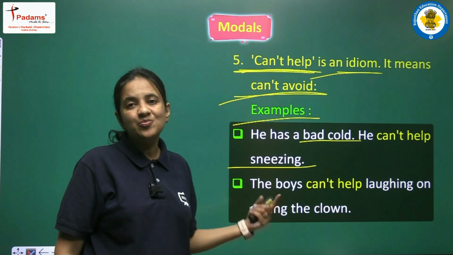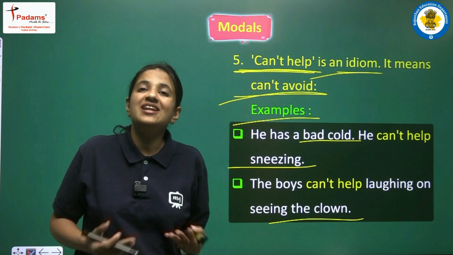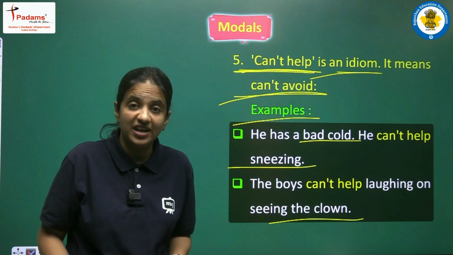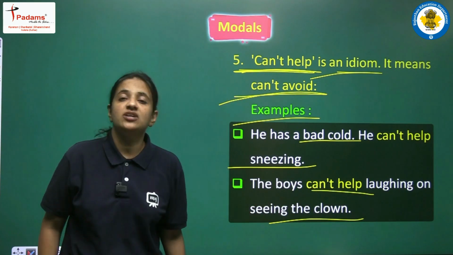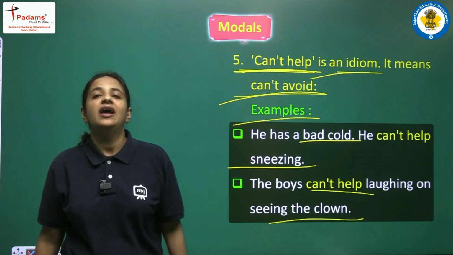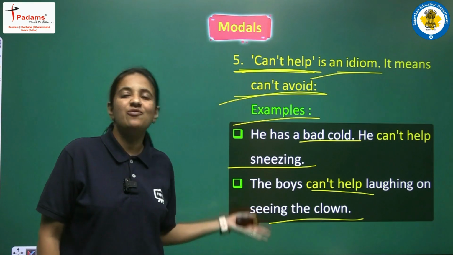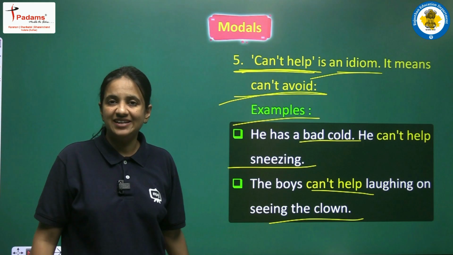Whenever young boys see some clown, then obviously they laugh. So they can't avoid this thing, they can't help laughing. So can't help is one of the idioms, and it actually means can't avoid, and we have seen the examples also.